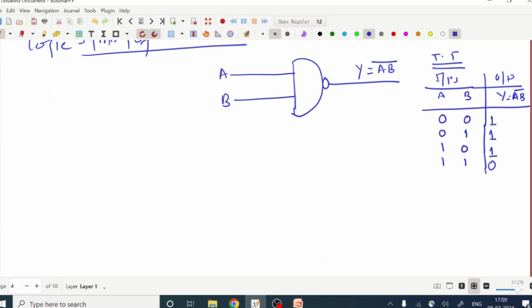This proves that NAND is a universal logic gate. So first we design AND from NAND, then we design OR from NAND, and then we design NOT from NAND.